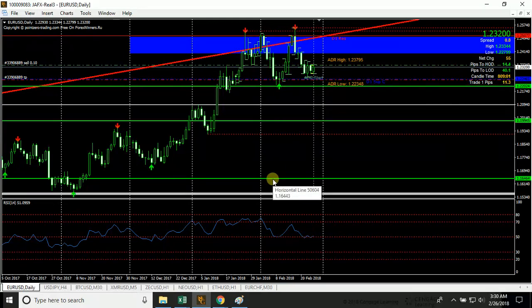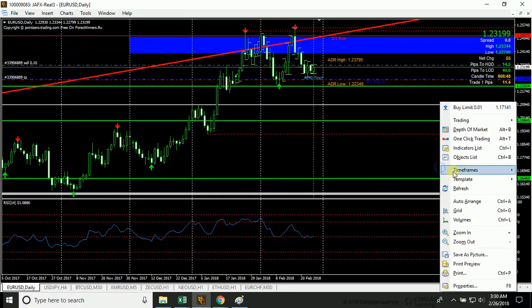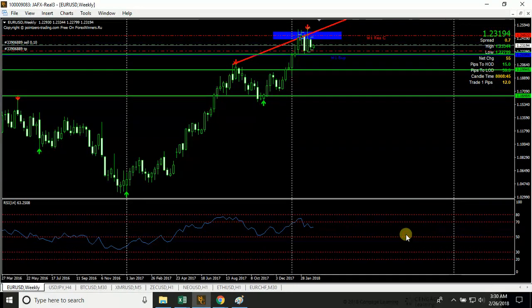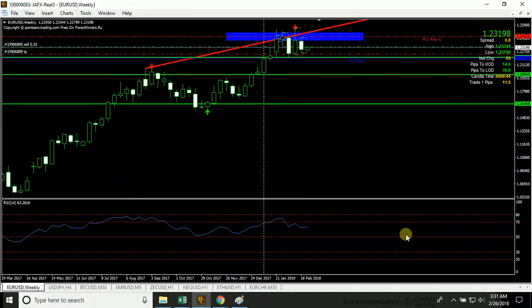Alright, see now I removed the Fibonacci, but I still have my point of interest. So I come out here to the weekly, these are my points, which is no surprise to me, as one of my Fibonacci levels falls right on the weekly support.